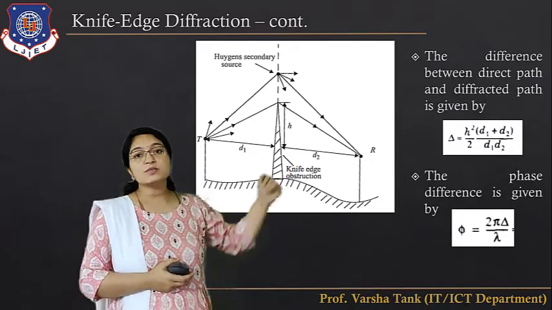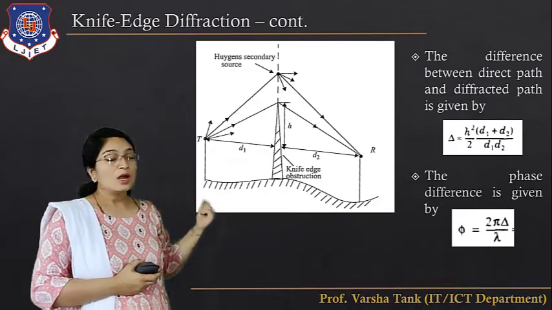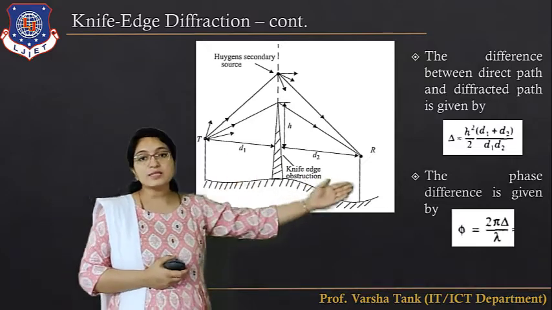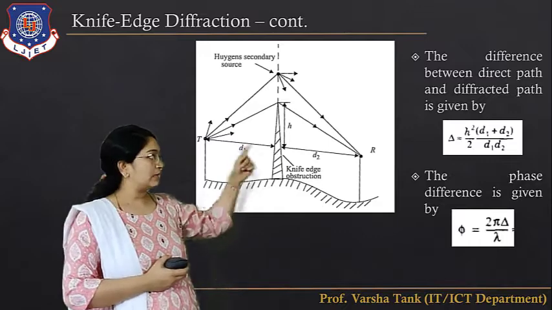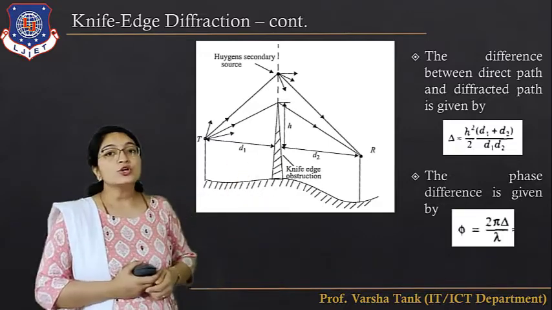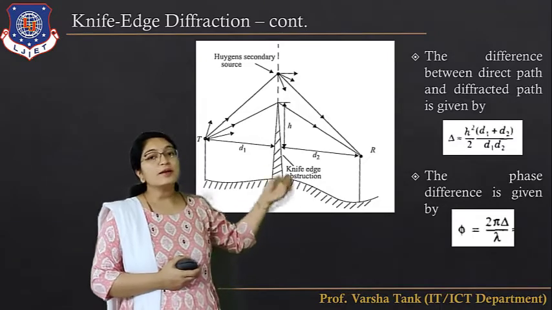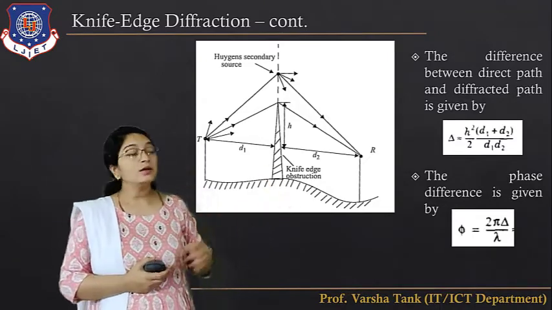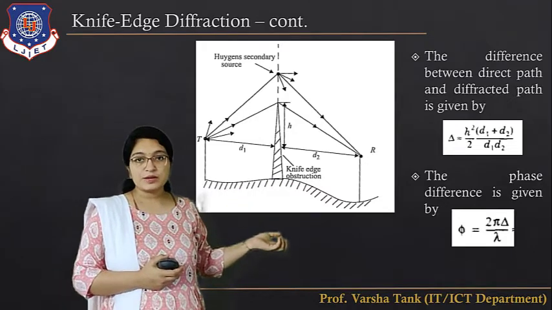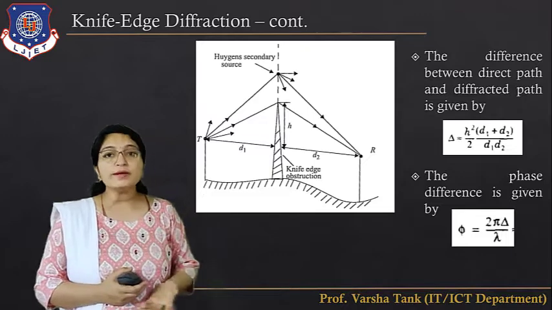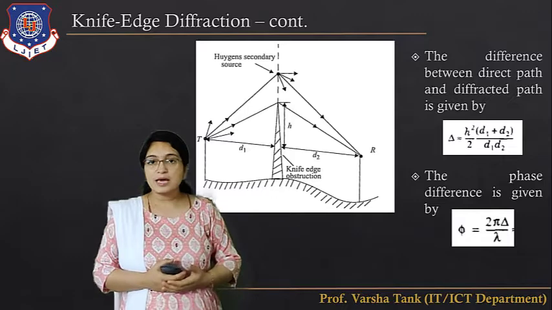Now the transmitter is transmitting the signal, and it will be received by the receiver at this place. But in between there is an obstacle, that pointed tower. So when the signal is transmitted, it will be reflected at the obstacle, and some of the signals will be received by the receiver and some cannot be received, because the obstacle is in between.